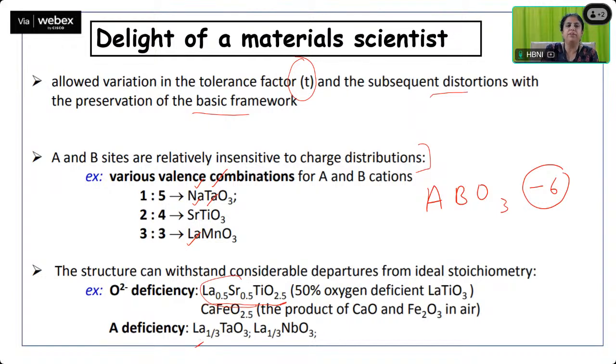A site you can have a lot of deficiency. So if you see, it is La 1 by 3 tantalum oxide, this compound exists. And if you just imagine, actually 2 by 3 of the A site is lying vacant here. Still the structure remains. And it's just not about it being vacant; that vacancy will lead to many interesting properties which will have a lot of practical uses.